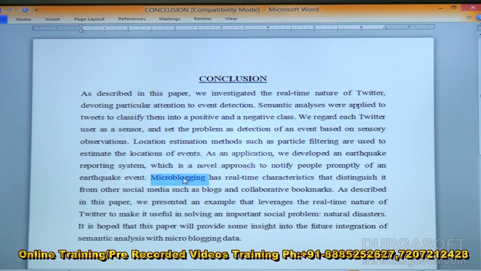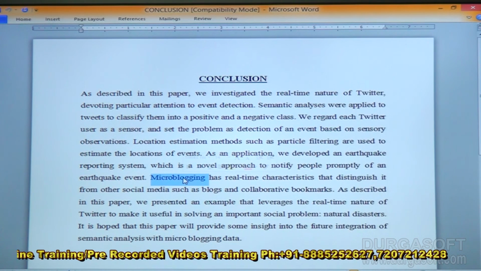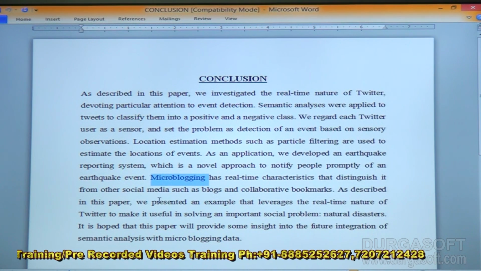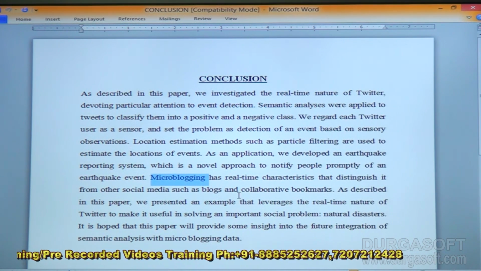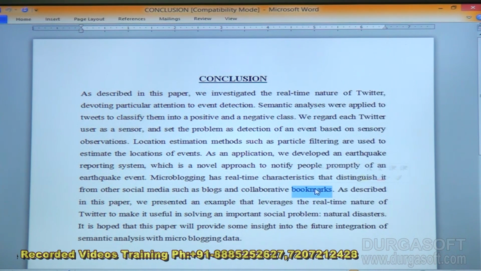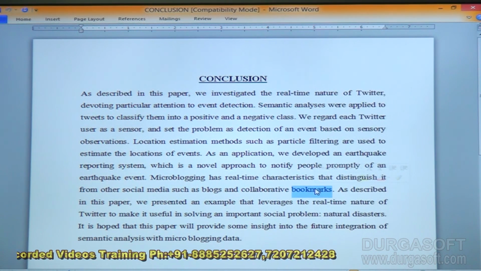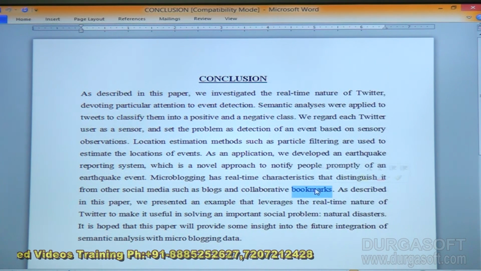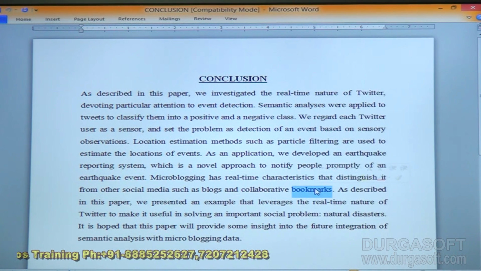Yes, we have already seen that microblogging in social networks has real-time characteristics that distinguish it from other social media such as blogs and collaborative bookmarks. So if you want to analyze microblogging and get surveys from these websites, everything we have to work on collaboratively.